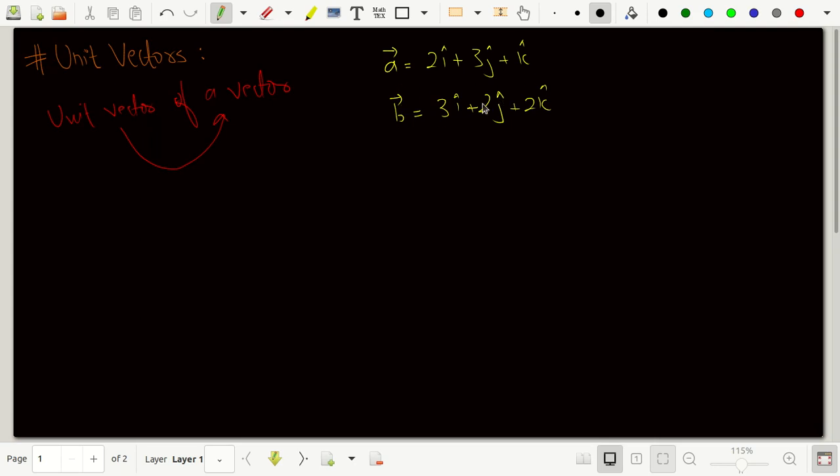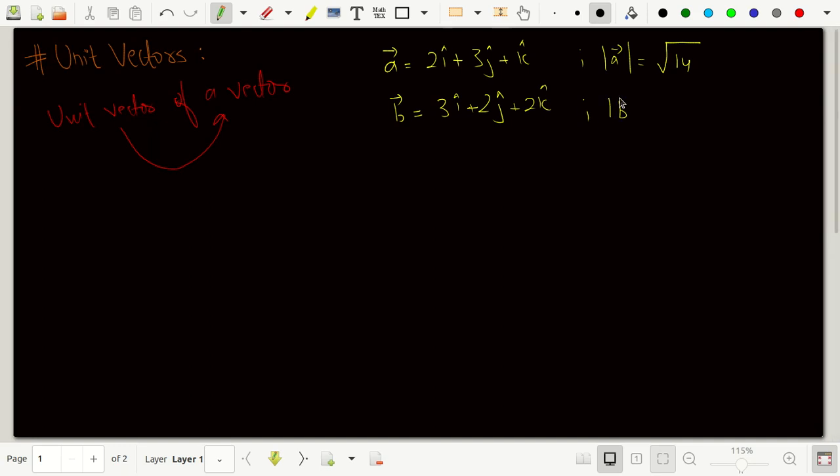These two are my individual vectors, and we know that the magnitude of a vector is nothing but the square root of the squares of the scalar quantities, that is 2, 3, 1, 3, 2 and 2. They all are scalar quantities, so we can directly write it. The magnitude of this vector would be the root of 2 square, that is 4, plus 9, 13, plus 1, 14.